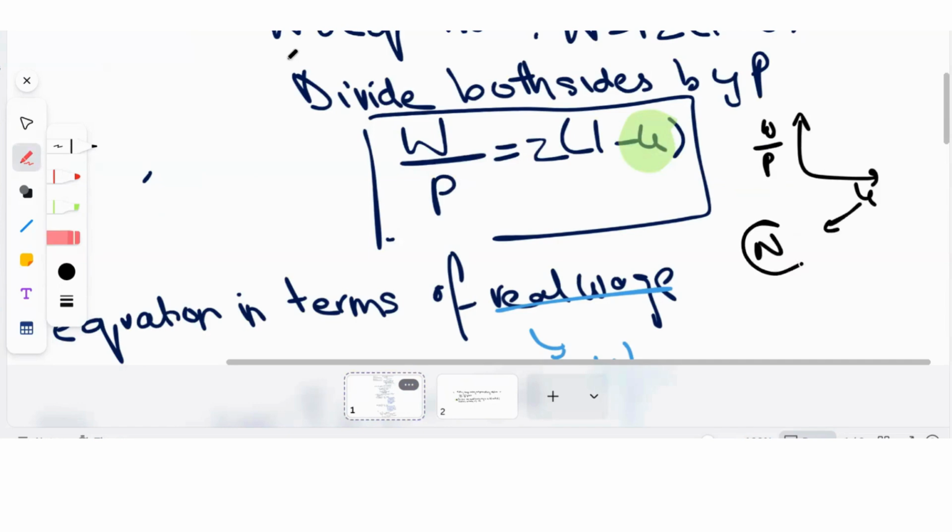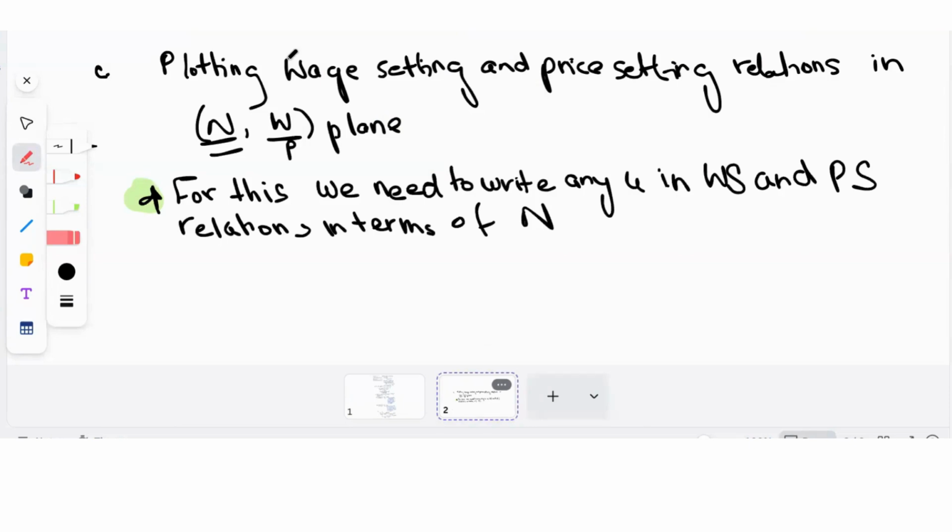Now instead of u, we want N. So we want to write any u in this in terms of N, so we can plot it against N.